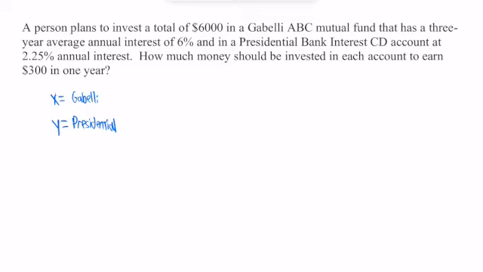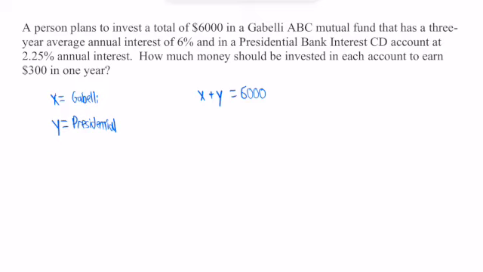Here, when we read the first sentence, a person plans to invest a total of $6,000 in the Gabelli account and the presidential account. So since they're investing a total in those two accounts, total means we'll add them up to equal that total amount. We would say X plus Y equals 6,000.